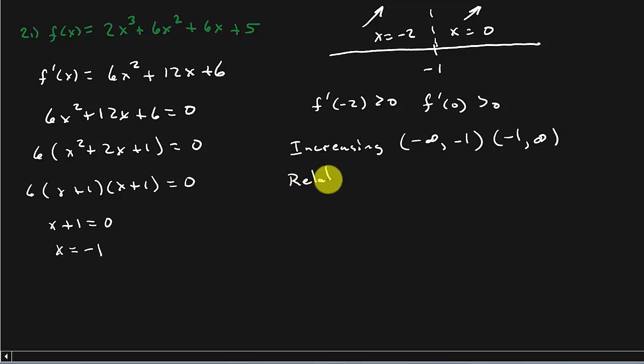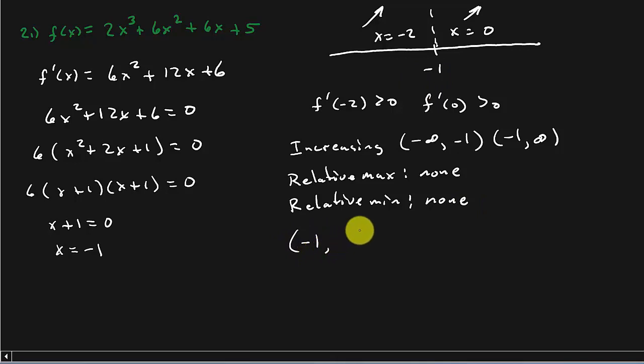And then relative max, none. Relative minimum, none. There's no relative max or min. But we do have a critical number at -1, so I would like to know what that thing equals at -1.